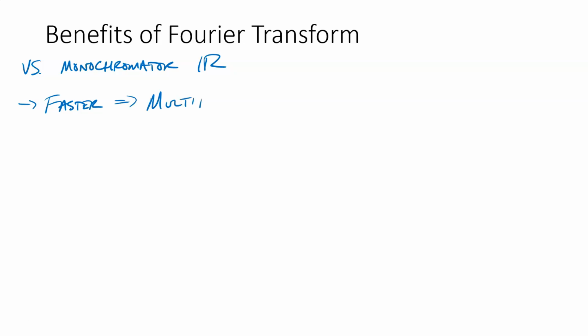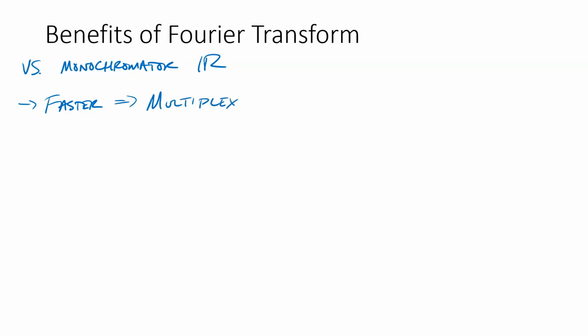So what are the benefits of Fourier transform, right? Why do we do this instead of having a monochromator, versus what we call a dispersive instrument, a monochromator instrument? It is much faster due to a multiplex advantage, right?